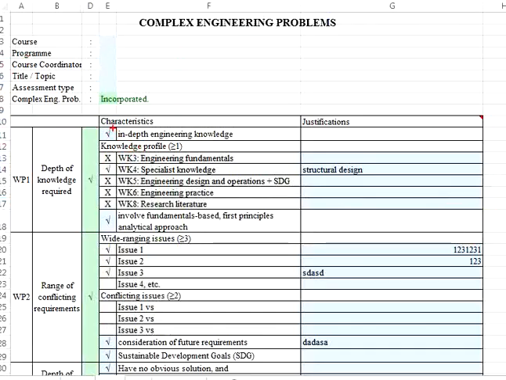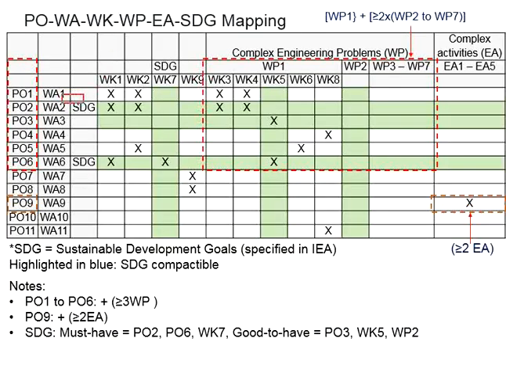You will need to make sure of the other components of WP1 so that you secure WP1 when you're designing the complex engineering problems. You also know that there should be SDG. Therefore, when you're designing the complex engineering problems, make sure you put in the considerations related to the SDG in the problems, which at the same time, you cover the SDG.